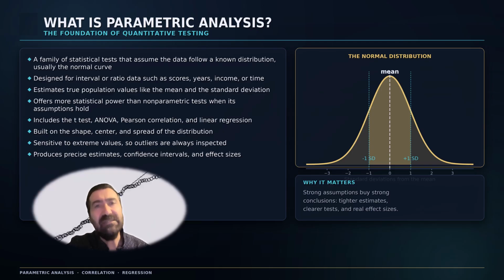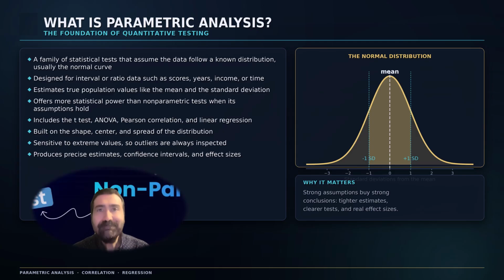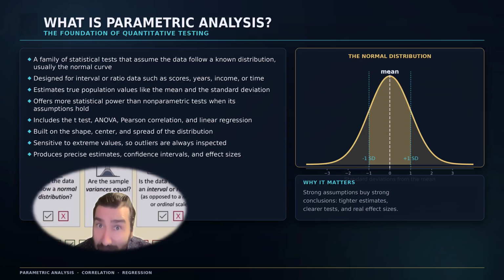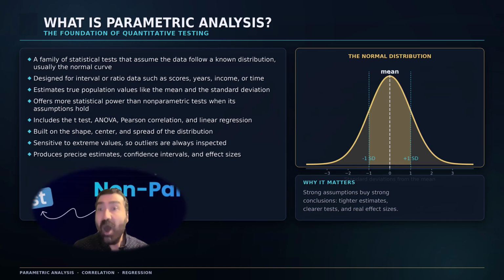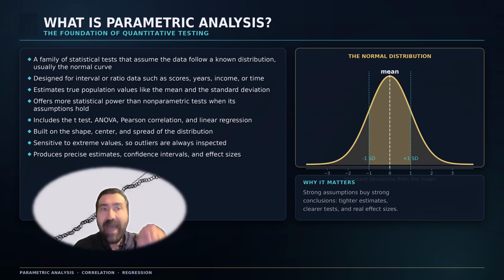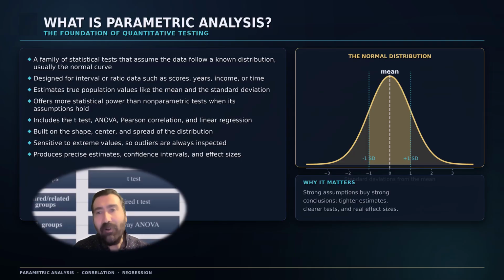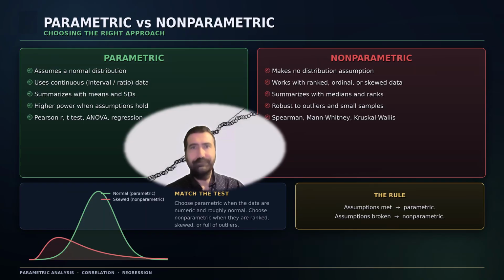When your data is well behaved and measured on a real scale, parametric tests give you sharper, more confident answers. But, and this is a big but, that power is doing a lot of quiet work. So let us talk about when those assumptions hold up and when they fall apart.